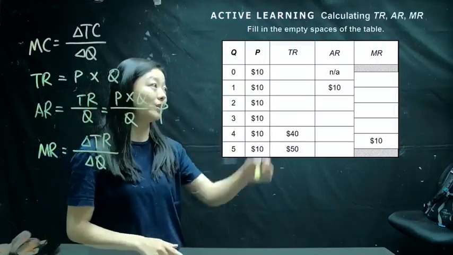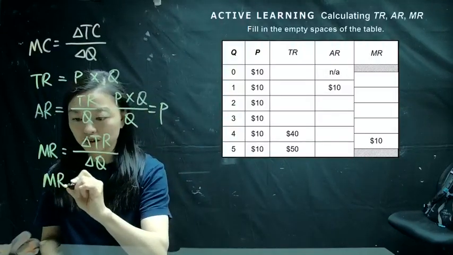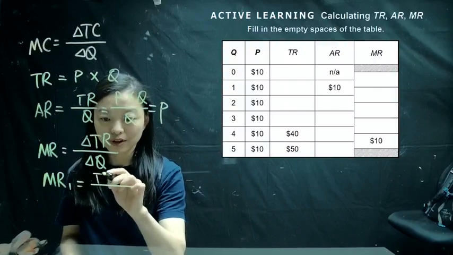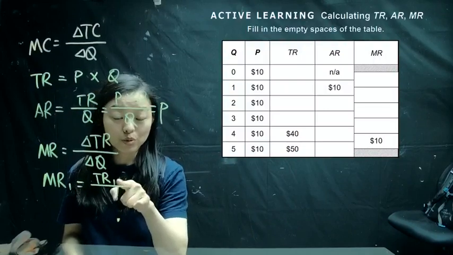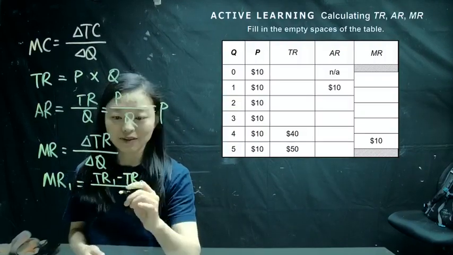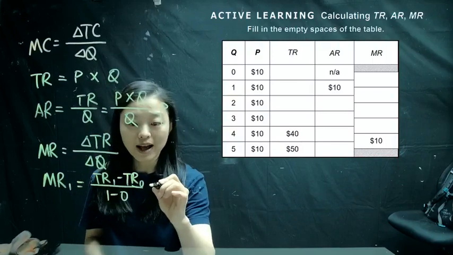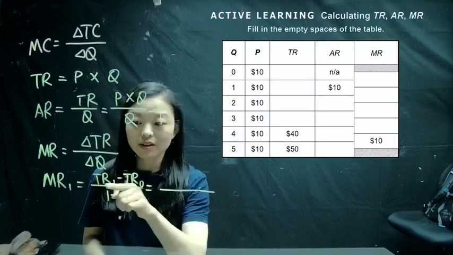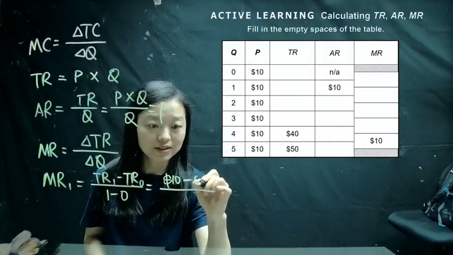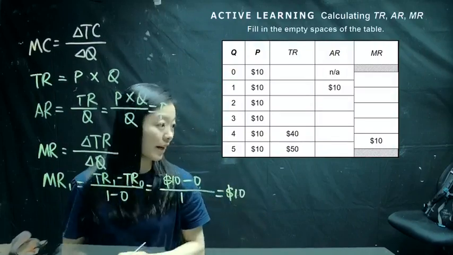Then how about the marginal revenue? For example, when the quantity equals 1, we take the total revenue with 1 unit, subtract the total revenue with no output, and divide by the change in quantity, which is 1 minus 0. The total revenue with 1 unit is $10, subtract 0, divide by 1, and you get $10.